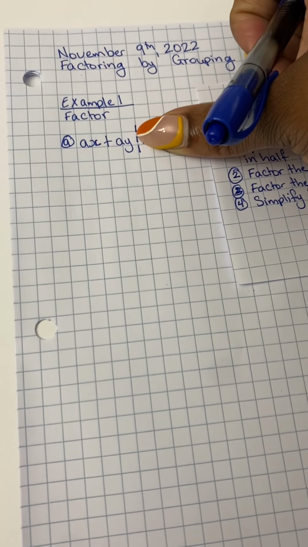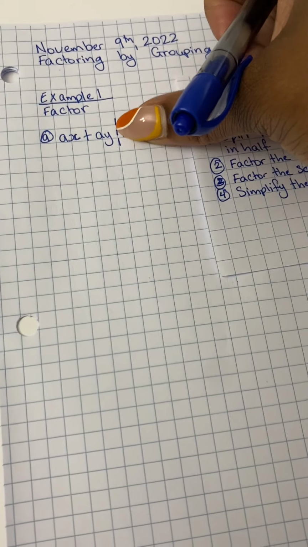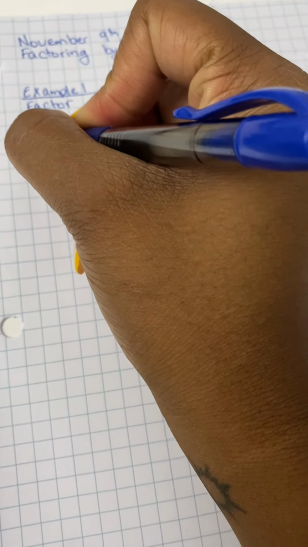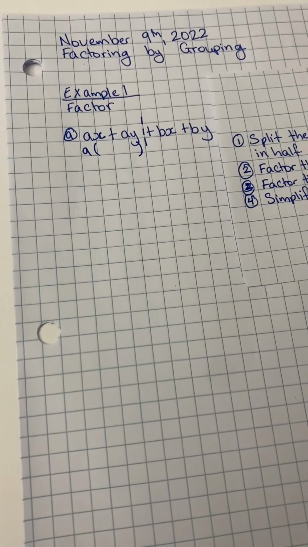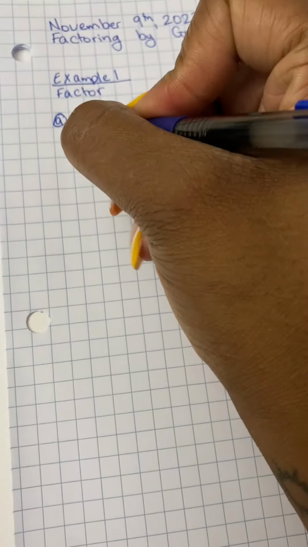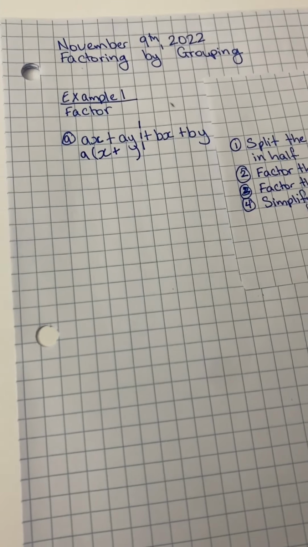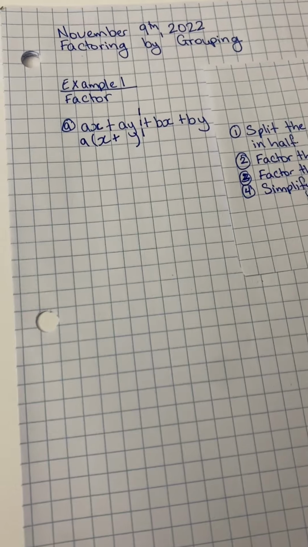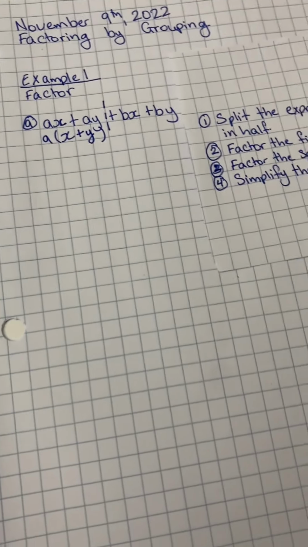Ax plus ay. In this case, it's definitely a. And I'm going to factor that out. So if I factor out the a, and I put my brackets, I'm thinking, well, what is ax divided by a? That leaves me with x plus ay divided by a. That leaves me with y. So that first half is done.